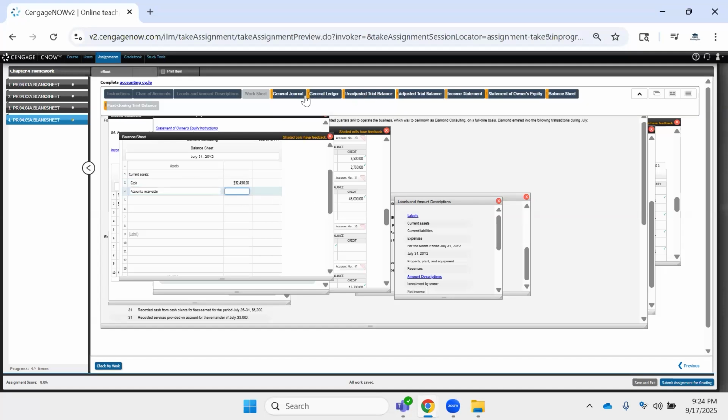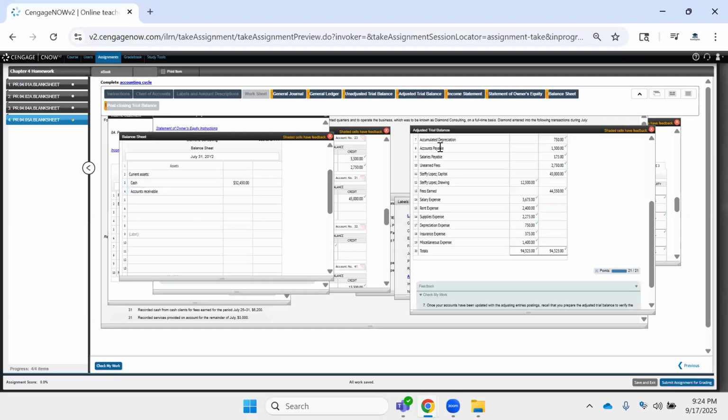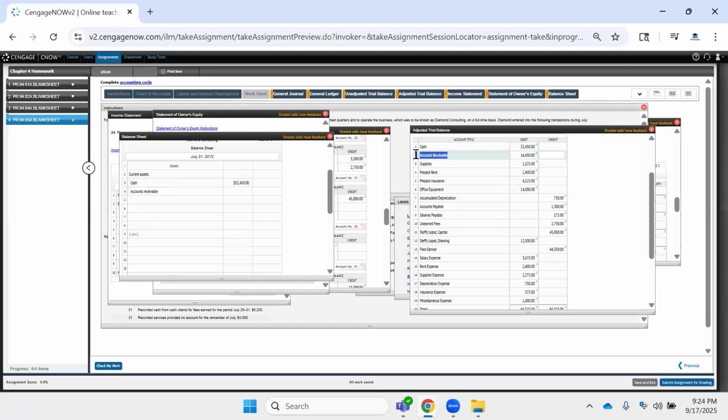And going to our adjusted trial balance, we can just go right down the line and list out our current assets. Make sure you're listing the correct amounts.